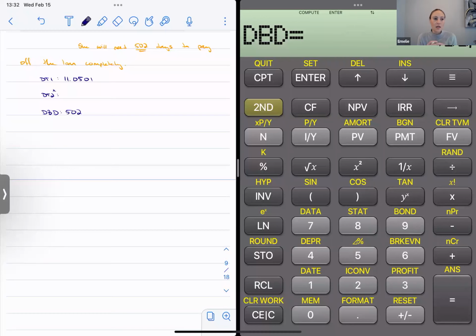I think this might be the first time that we're doing this together. But we said, as long as we have 2 of the 3 components, we can solve for the third one, which we do. So now I'm going to use the same method and force this 502, enter. Now I'm going to go to date 2 and compute.